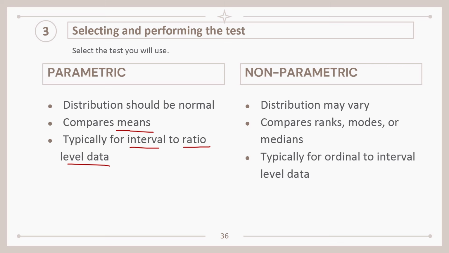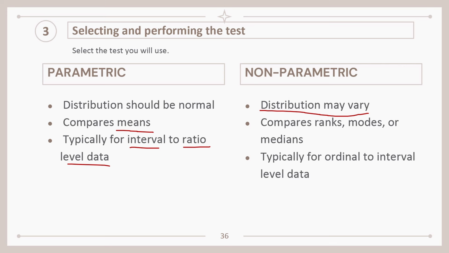In contrast with your non-parametric test, the distributions may vary. Typically, non-parametric tests don't really care about the distribution. Regardless of what kind of distribution you have, you can use non-parametric tests. But this, of course, comes at a cost: non-parametric tests are usually considered to be of lower statistical power than your parametric test.